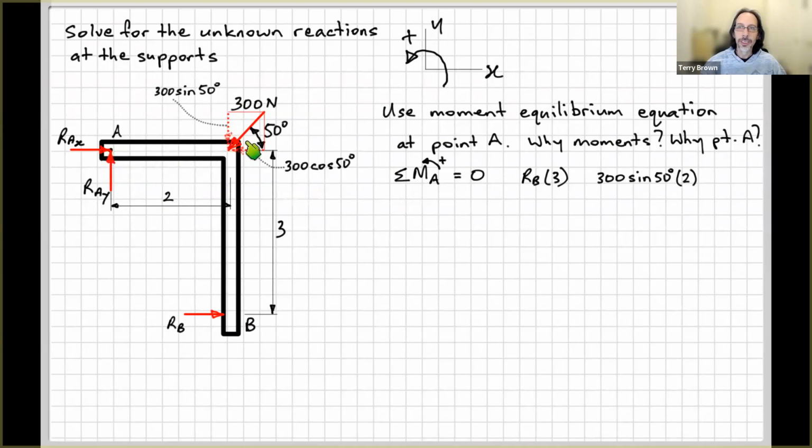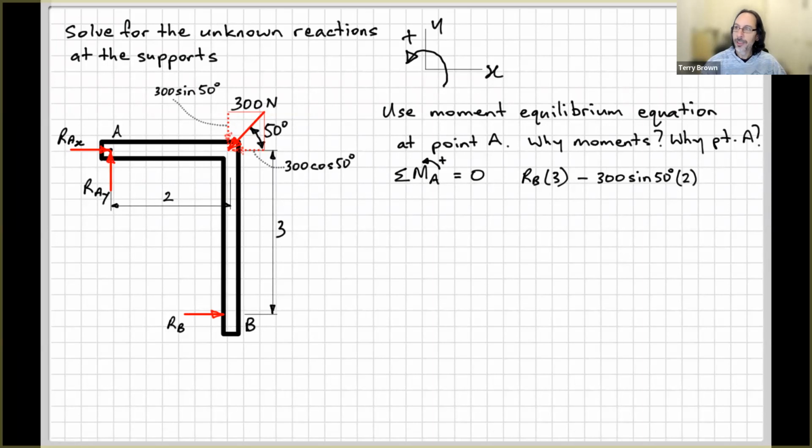And is it positive or negative? If we push down here about point A, hopefully we can see that that will tend to rotate this component clockwise about point A. So this will be negative, so we'll put a negative sign in front of that one.